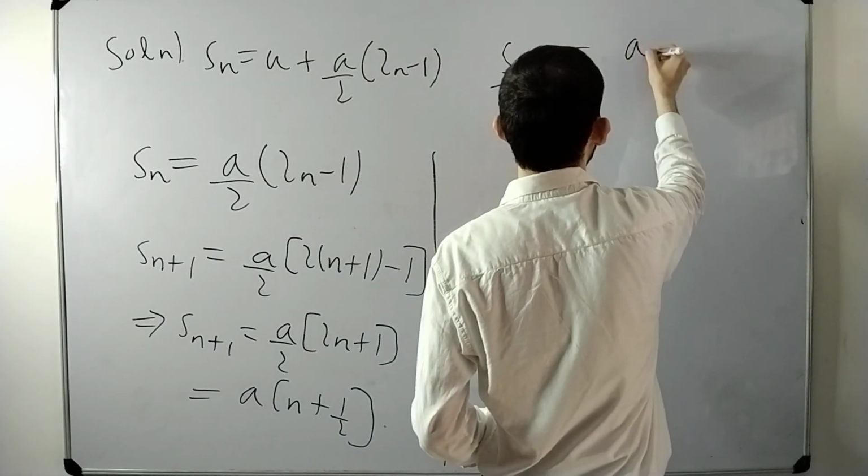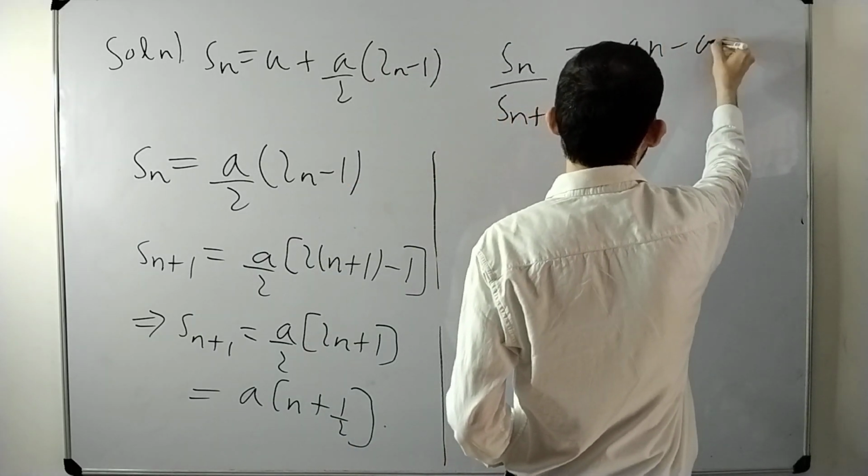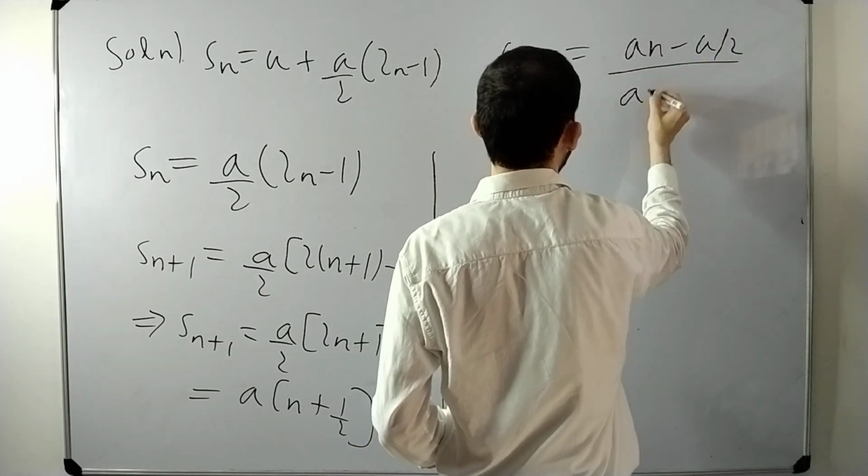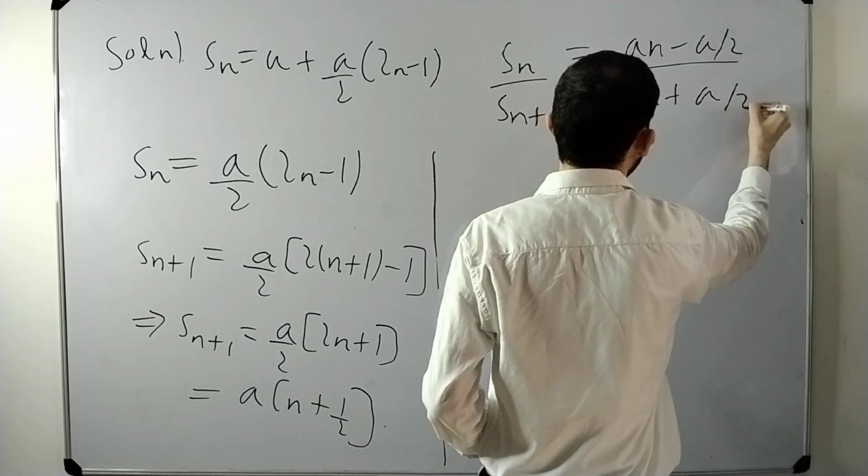This is a n minus a by 2, and this is a n plus a by 2.